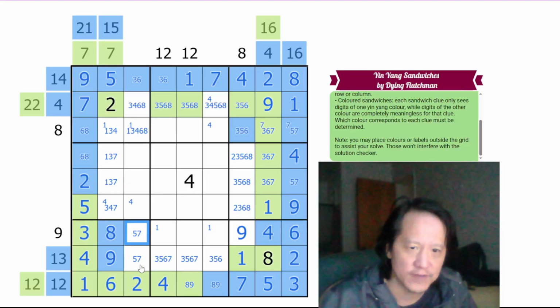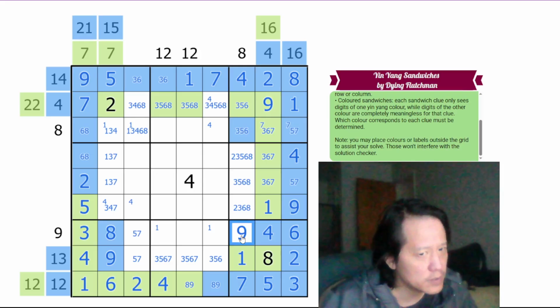That would be 5. 5 could be either color here. But the 7 would have to be blue, so therefore that would make that green. And this would have to be green and green? I guess this still could be blue, right? So it could be blue, and then this would all be blue. 2, 7.